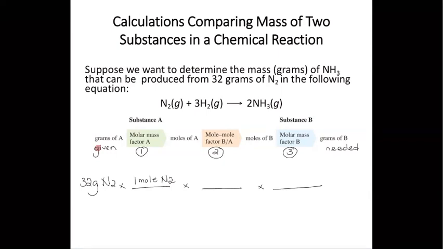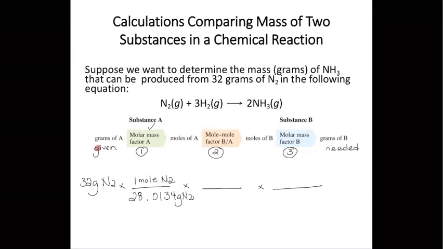Let me see if you guys get the same thing I got. Just put it in the calculator. This is finding the molar mass of a compound. We learned how to do that last week. Excellent, that's what I also got: 28.0134 grams of N2. We're done with this conversion.